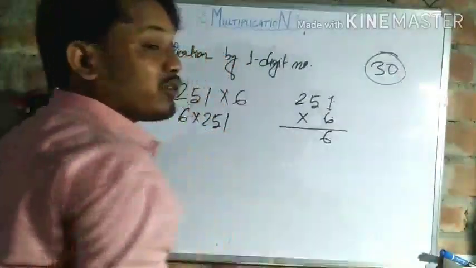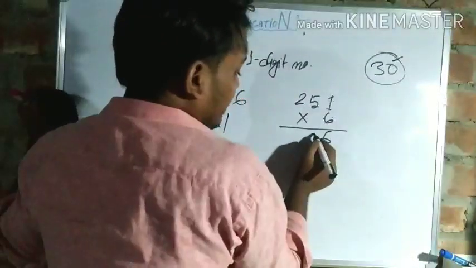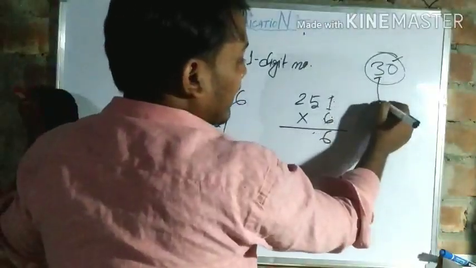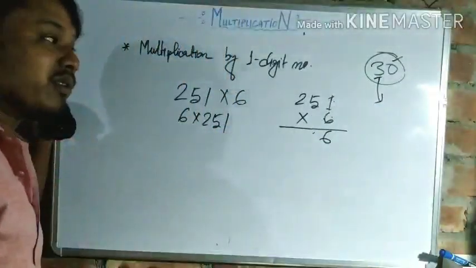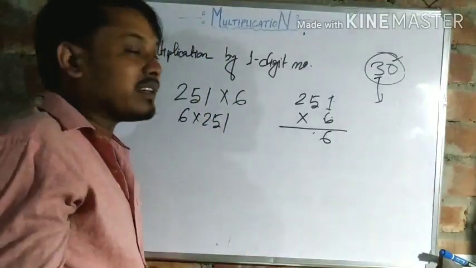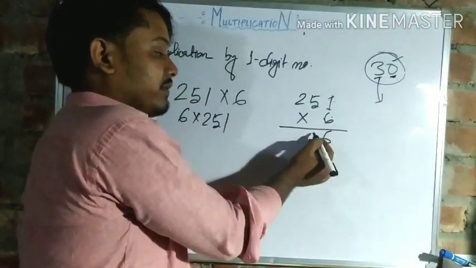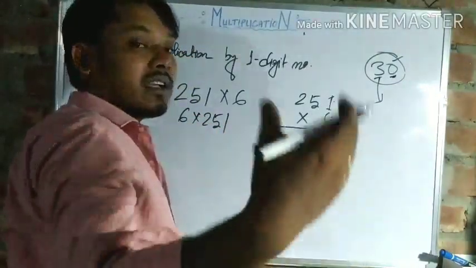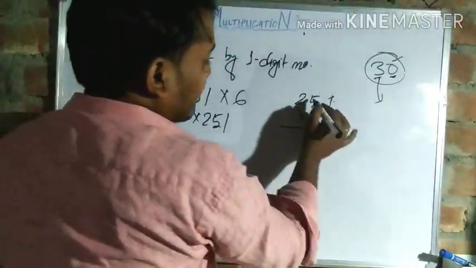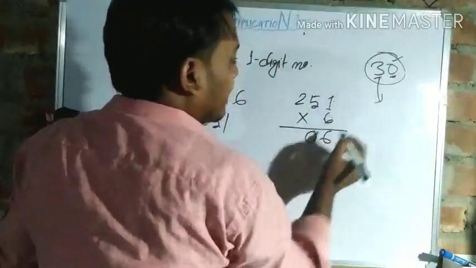When the number is a two digit number, then the one place digit sits here and the ten place digit is carried over. We know in the case of addition also, if the number is a two digit number, then the one place digit is put here and the ten place digit is carried over. So 5 sixes are 30. So 0 here and carry 3.